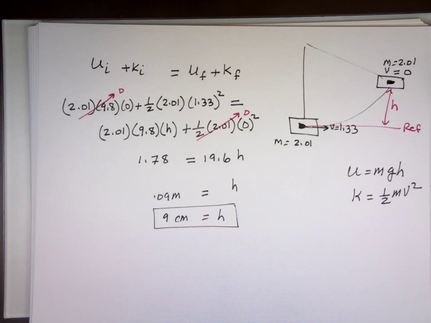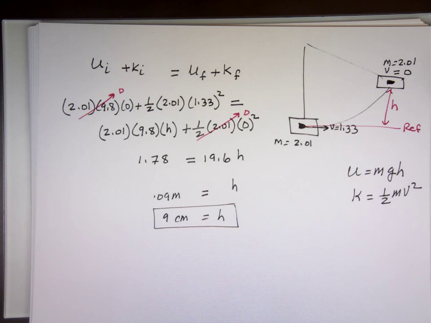So the block of wood has risen 9 centimeters with the bullet inside it. And I'm not sure how heavy the bullet is, to be honest. I made it 10 grams. I couldn't tell you what real bullets are. If we knew that, we could probably get a better answer. I also made the block of wood heavy, as the combined mass.